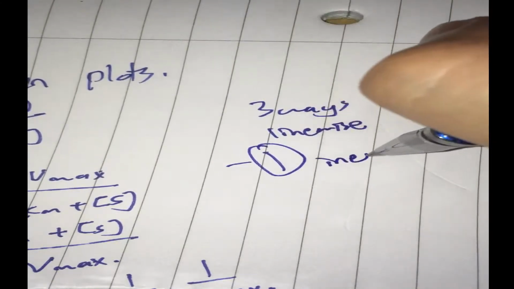So in summary, there are three ways to linearize. The first way is to invert. These are the steps you've got to remember. So just invert everything.